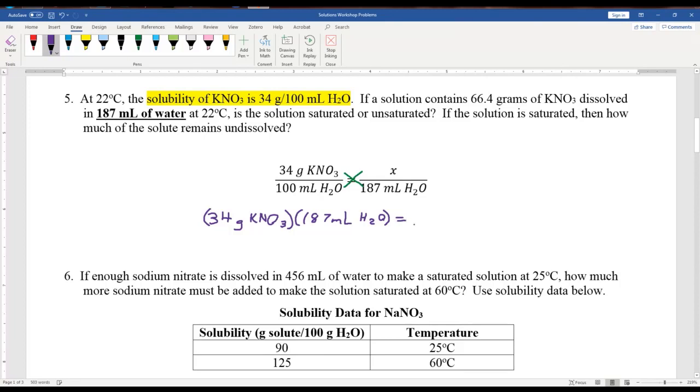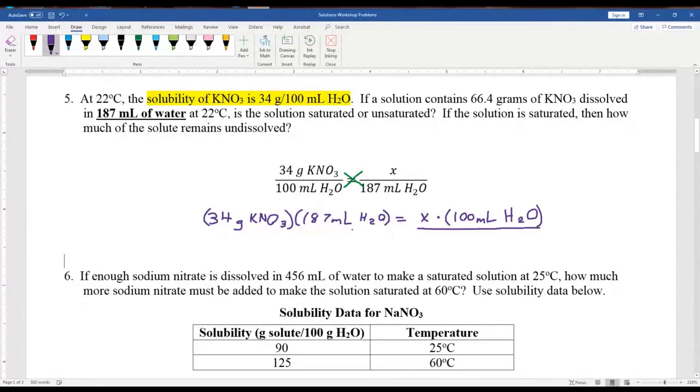And then I would take my x on the other side, and I'd multiply that times the 100 milliliters of water on the bottom of the other fraction. That's called cross multiplying. It's a way to simplify fractions so that you don't actually have a fraction anymore. You no longer have a denominator. That's good because that helps us to isolate the variable. Now in this case, the variable I want to isolate is x.